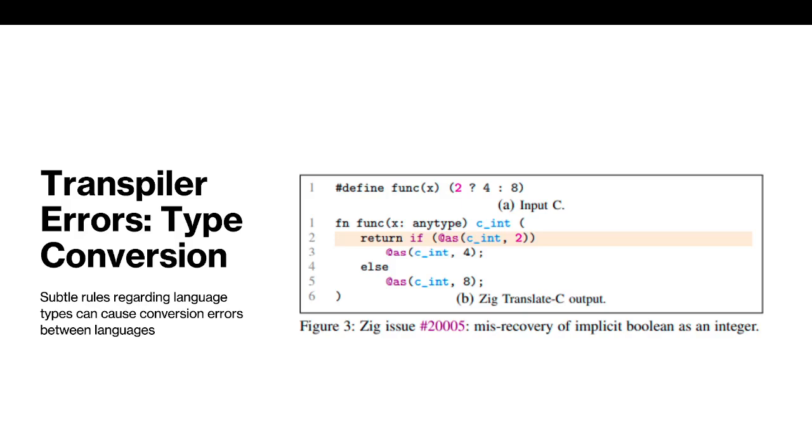And this can be syntactic, meaning it's caught at compile time, or this can be a more subtle error, such as using a type that is smaller than what the original source type was supposed to be.